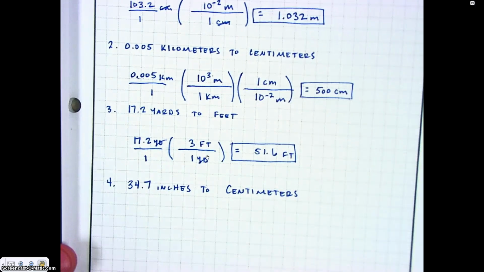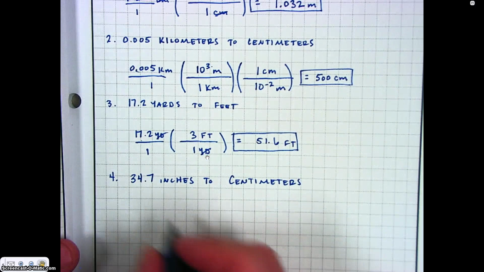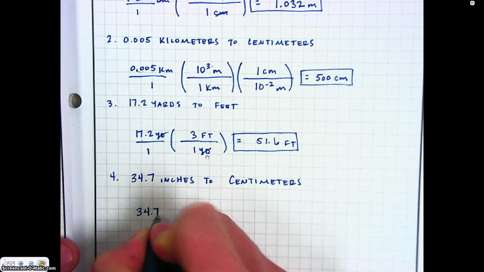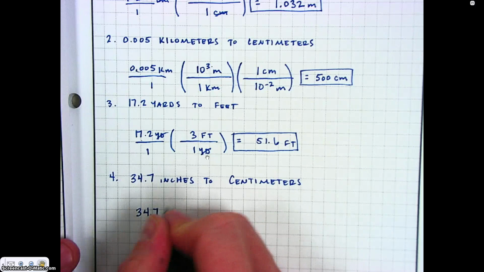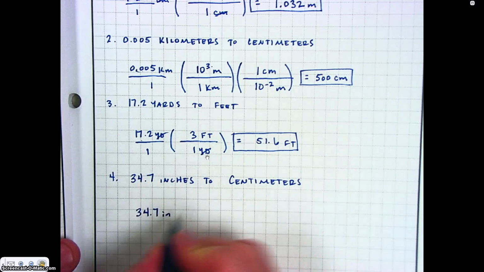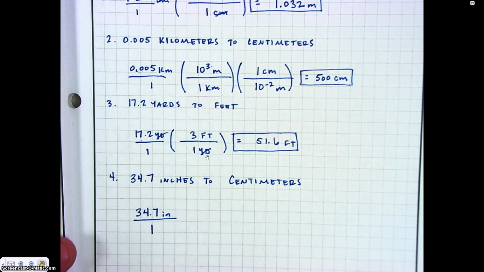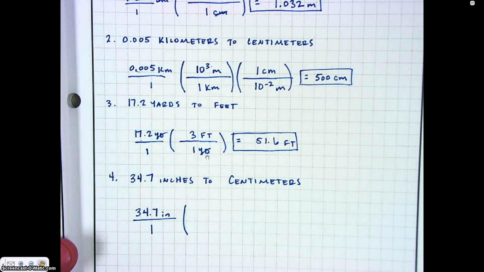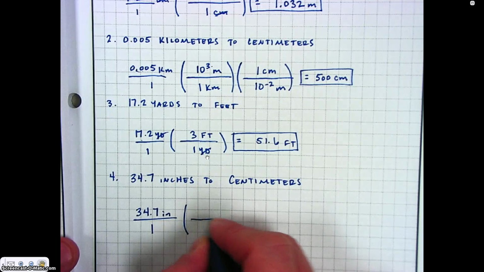Okay. Again, I have my given unit, 34.7, and that's inches, over 1. For our conversion factor, we have to know what our desired unit is.